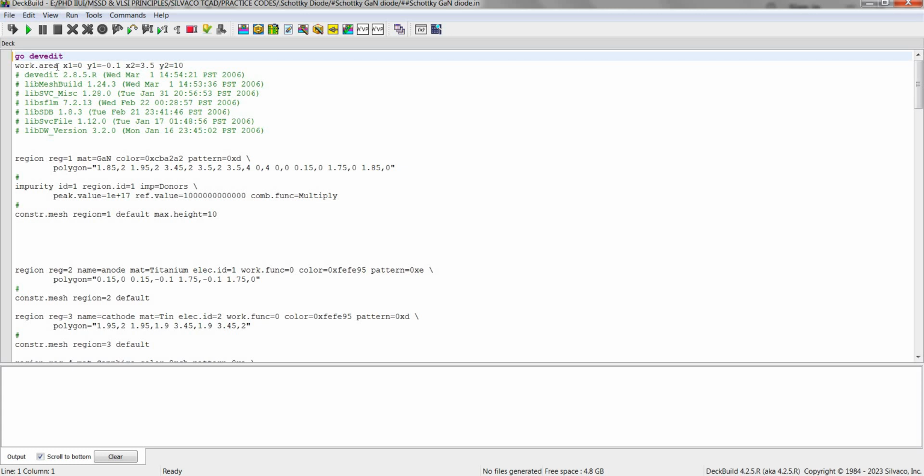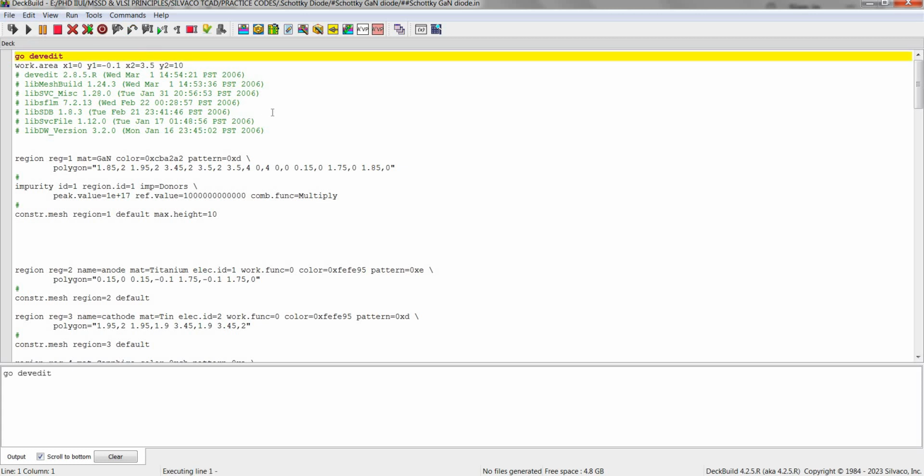We have defined a work area from 0 to 350 in x direction. As I already told you in the previous lecture, in this code I'm using a scaling factor of 100 in x direction, and in y direction the scaling factor is 1. So in x dimension our structure runs from 0 to 350, and in y direction our structure runs from -0.1 to 10.